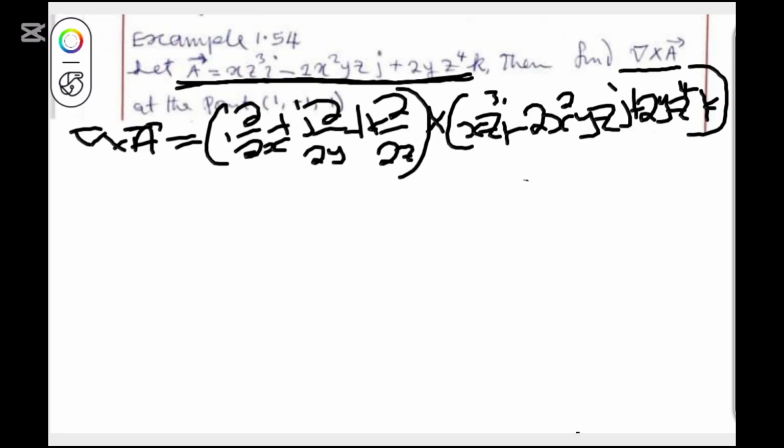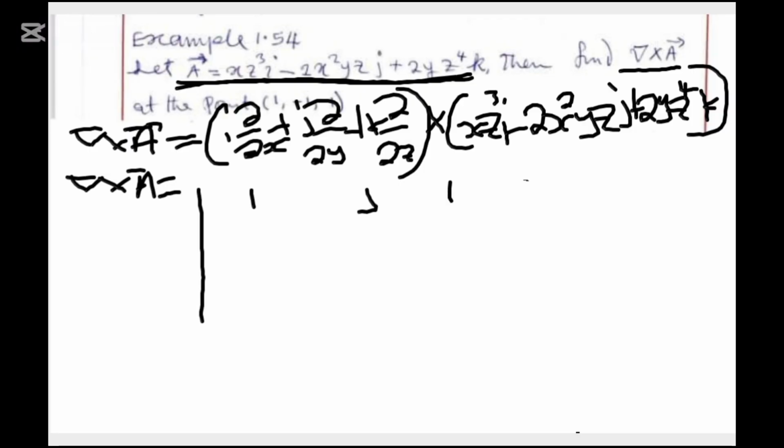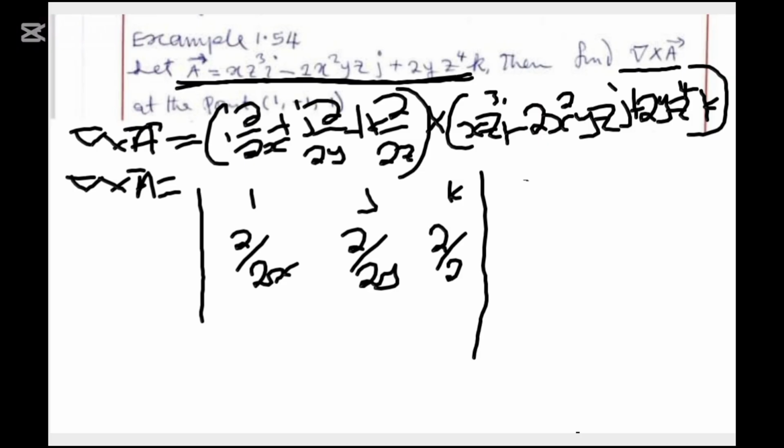The next thing I'm going to do, I have to say this cross this is the same thing as the determinant of i, j, and k, then d by the partial of x, d by the partial of y, d by the partial of z.